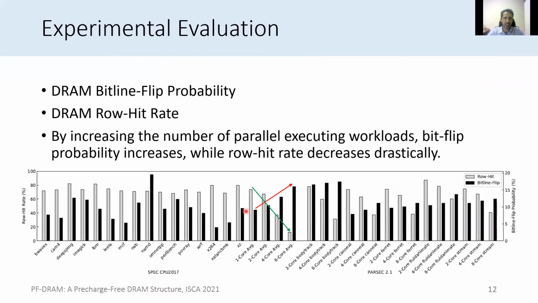Bit flip probability is about 10% on average in single core execution of SPEC workloads, but it increases to about 16% by increasing the number of workloads executing in parallel. This is because of the reduction in data similarity during DRAM access. However, row hit rate drops drastically by increasing the number of parallel executing workloads.